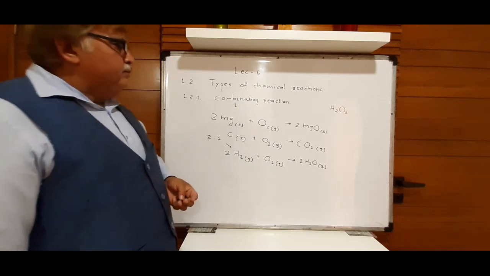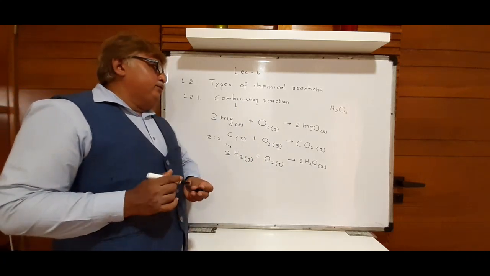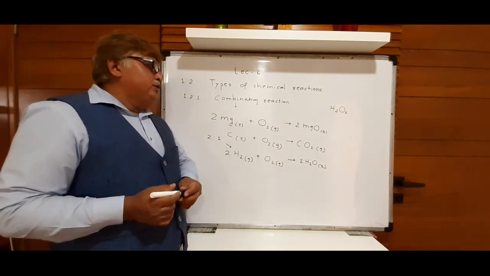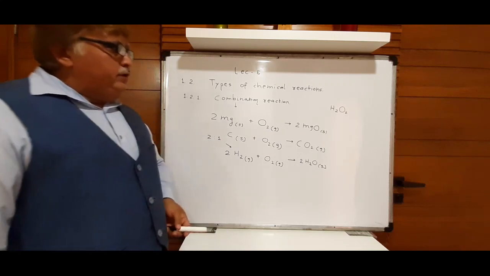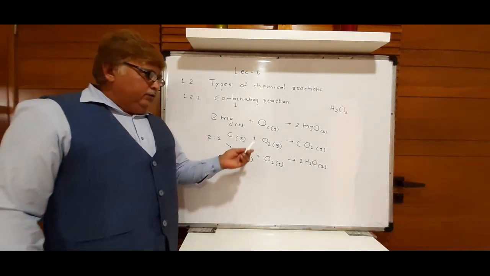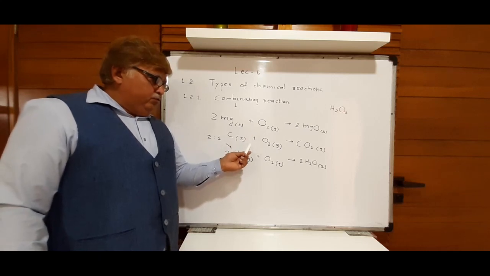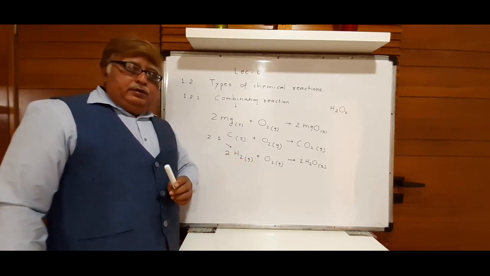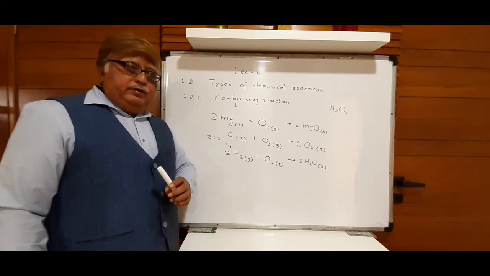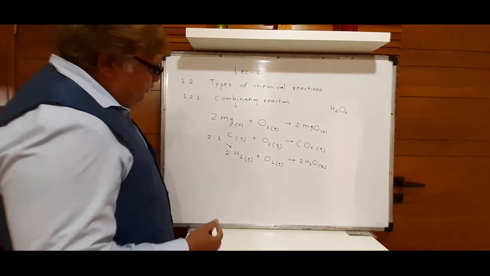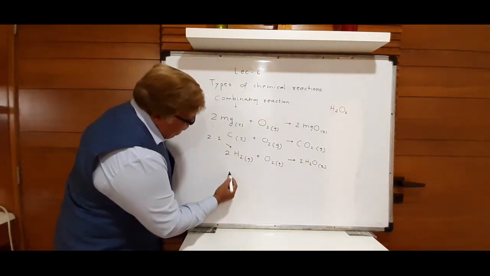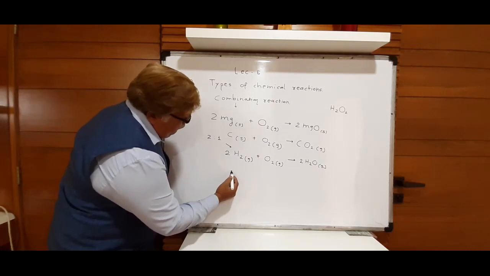In exam, if you are asked in 2 or 3 marks, define combination reaction, so here I have written 3 chemical reactions already. Now, my dear student, let me write one more equation for making the meaning quite clear.